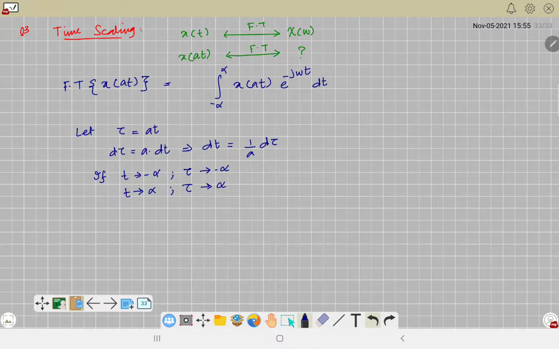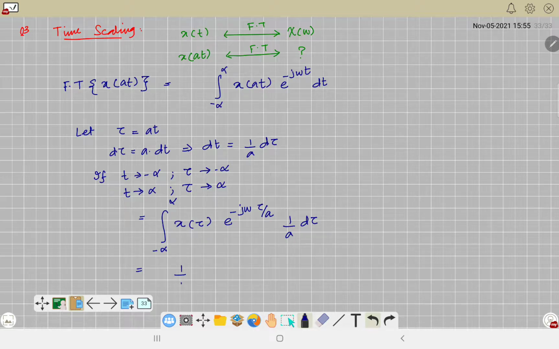So with all the substitution, let's see what our integral looks like. It will be the integral from minus infinity to plus infinity of x of at, which is x of tau, then e raised to the power minus j omega t, which is equivalent to tau by a, and for dt we have 1 upon a d tau. Fine.